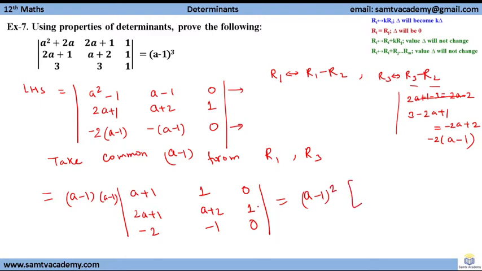Now expand this along R2, so these two terms will go off.